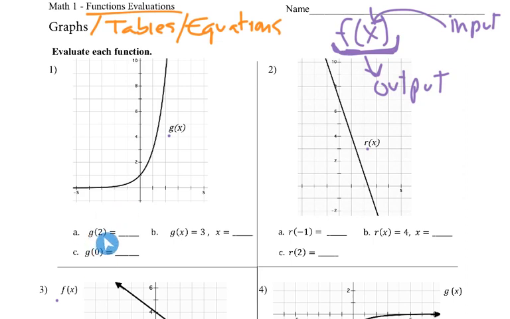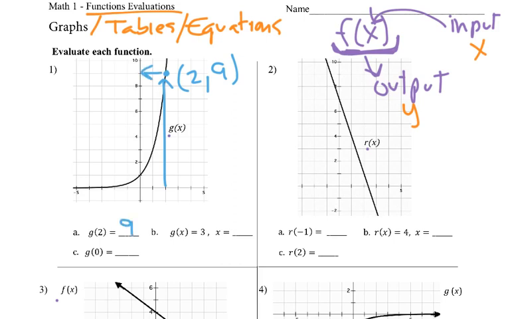So g of 2. Remember, on a graph, the input is the x value, the output is the y value. So g of 2 means I go to this x value of 2, and then I go up on my graph until I find that y value, so the point would be right there. I have an x value of 2, y value of 9, right?